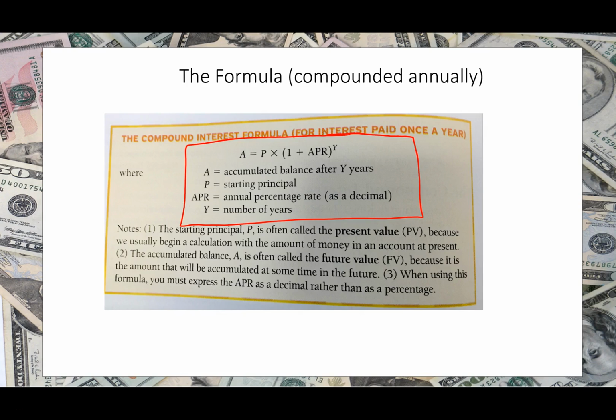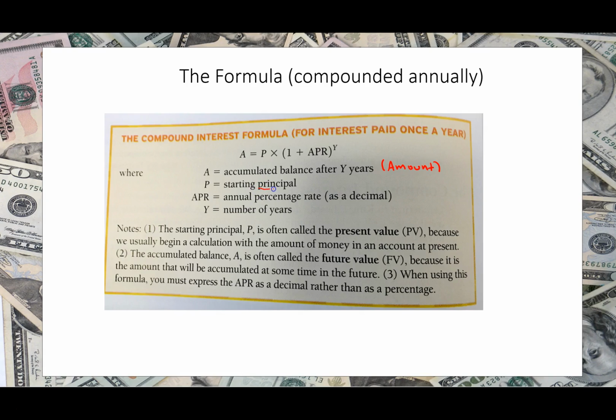All right, so what do these values mean? This means A equals the accumulated balance after Y years. Another way to say that is the amount of money that you have. P is the starting principal, how much money you are starting with, either how much debt you're starting with or how much money you're putting into a bank account or the stock market. That's your starting principal.